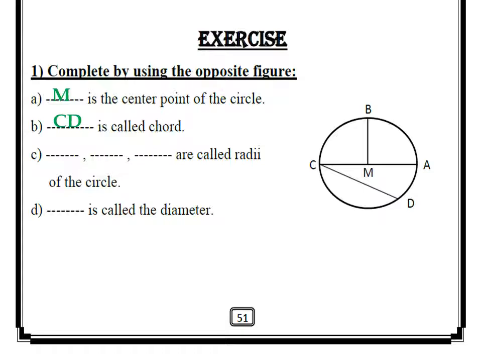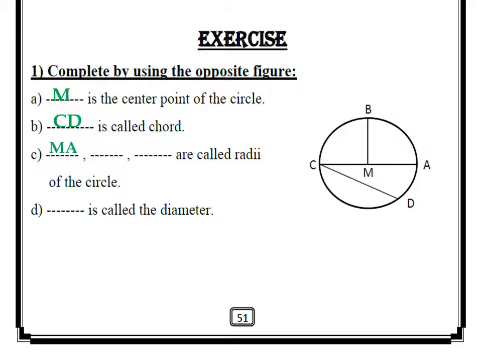They are asking what and what are called radii of the circle. So any line segment coming out of the center to any point on the circle is a radius. So we have MA, MB, MC. If you join MD, it could be a radius, and so on.